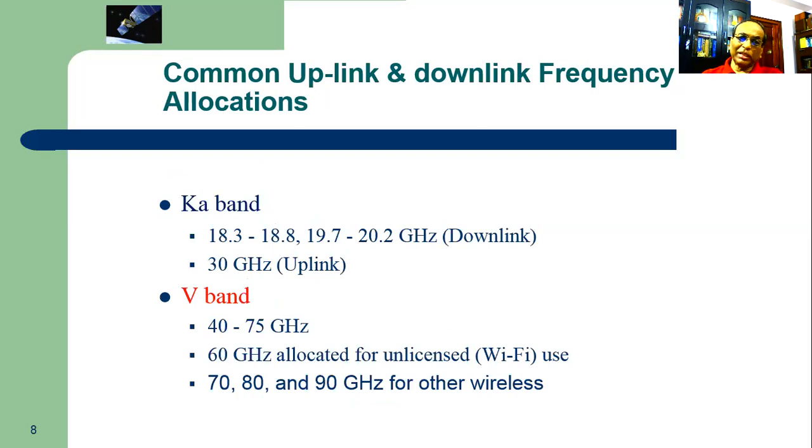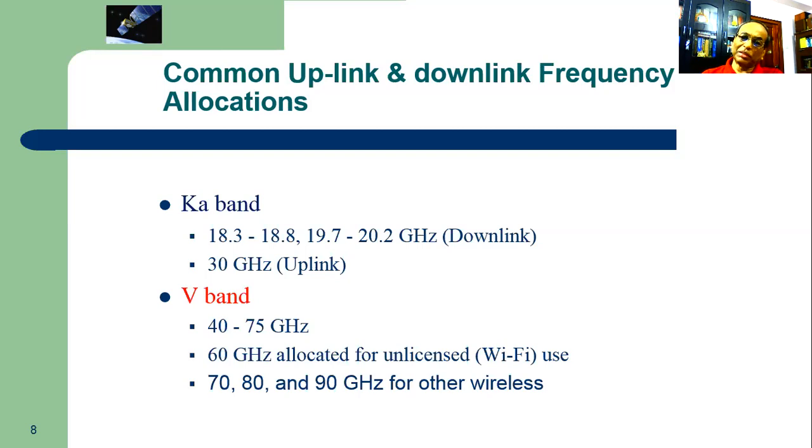Ka band, it is 18.3 to 18.8. It has two lower spans of frequency, 18.3 to 18.8, and again 19.7 to 20.2 gigahertz.